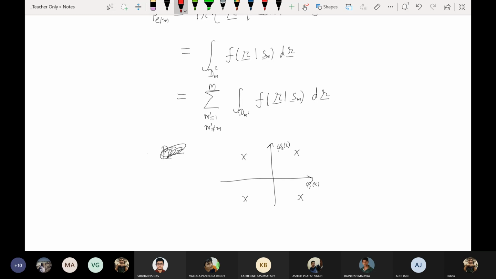Suppose you transmit this and the received symbol lands in any of these 3 quadrants, you will have an error event.